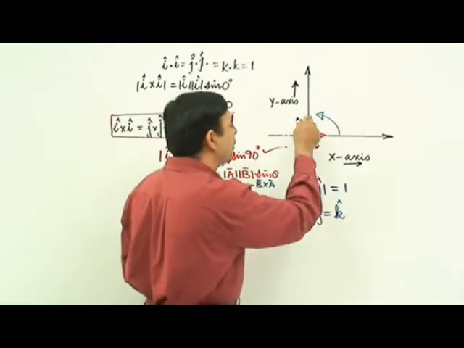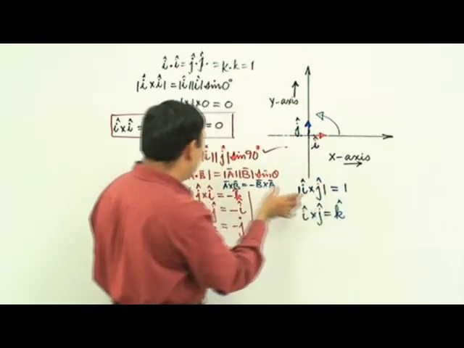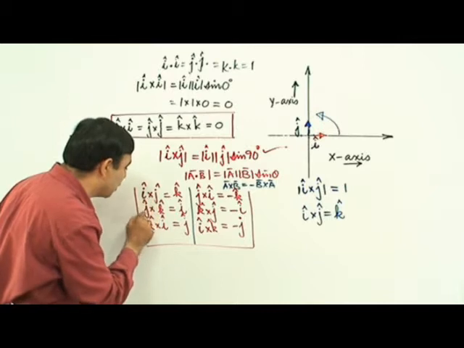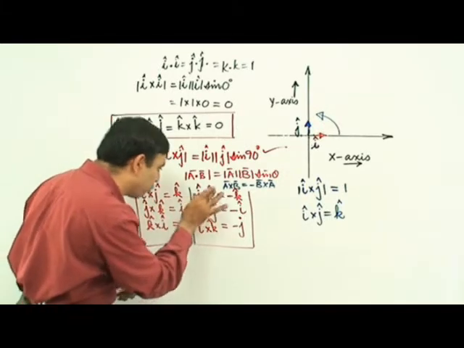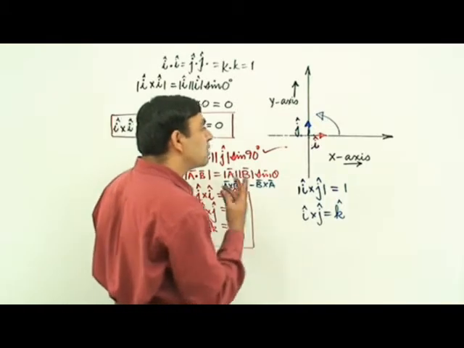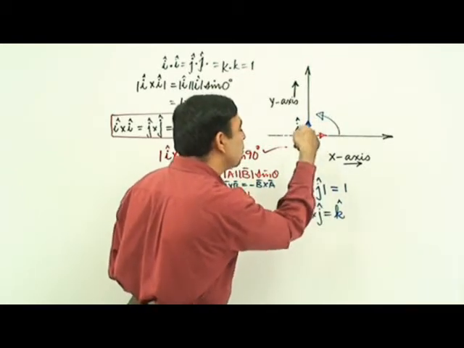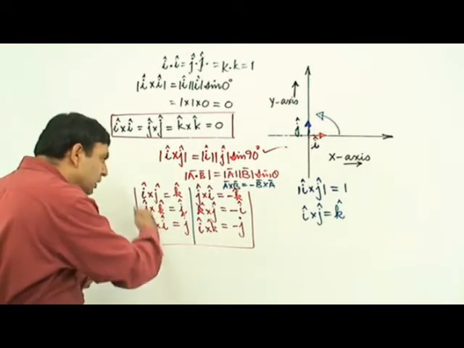I and j are unit vectors, so I cross j has magnitude 1. I cross j, j cross k, k cross I are all unit vectors, and so are their negatives. So they are unit vectors, but they are vectors. I cross j, anti-clockwise, out of the board, is k; j cross I, into the board, is minus k. Fine? Anyway, you need not remember all these six terms.